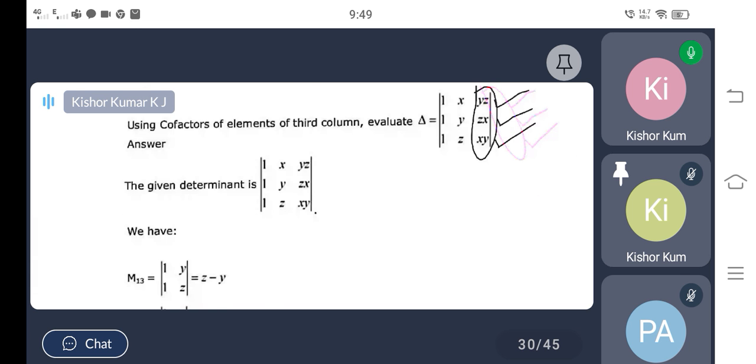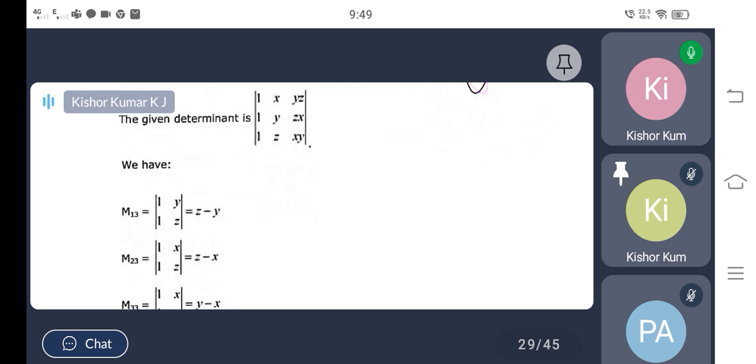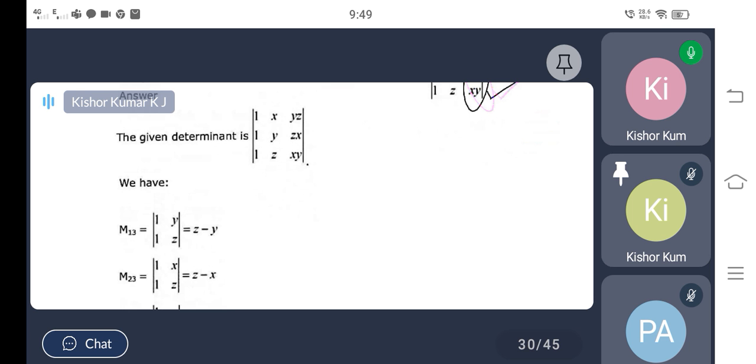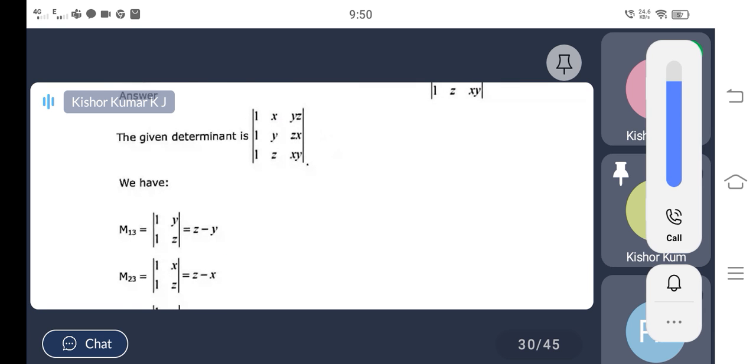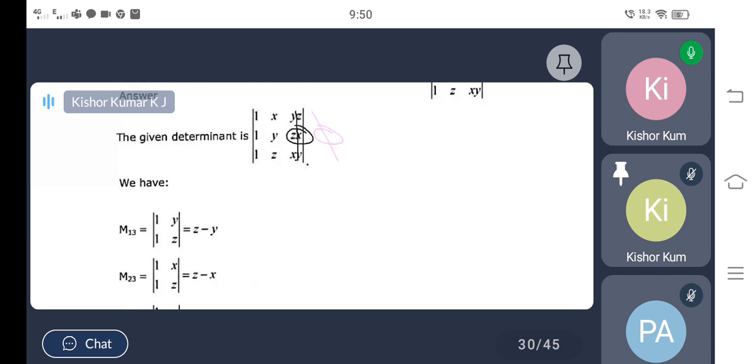We consider the determinant and M13, the first row and third column element. Delete the corresponding row and column, and we will have a 2 by 2 determinant, 1 y, 1 z. Now evaluate: 1 into z minus 1 into y, that is y. You will get M13 as z minus y. Next, for M23, the second row, third column, delete the third column and second row.